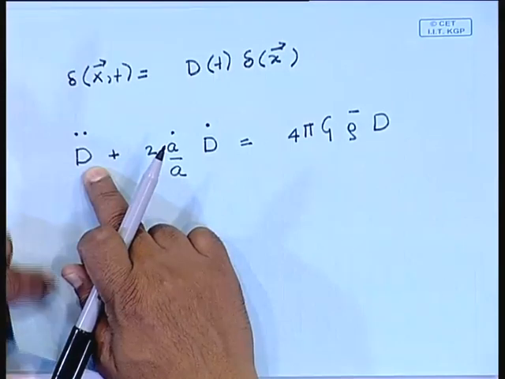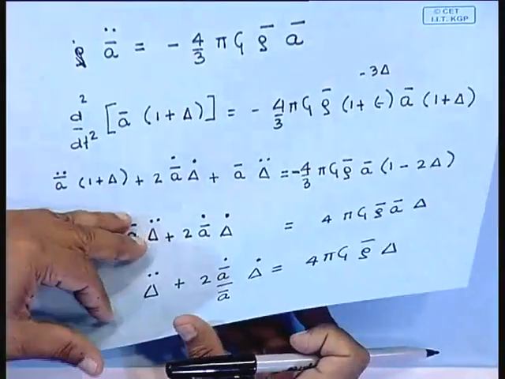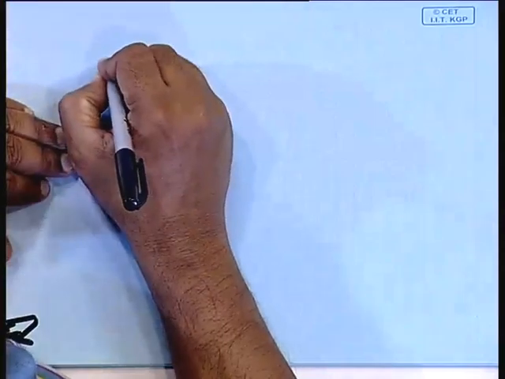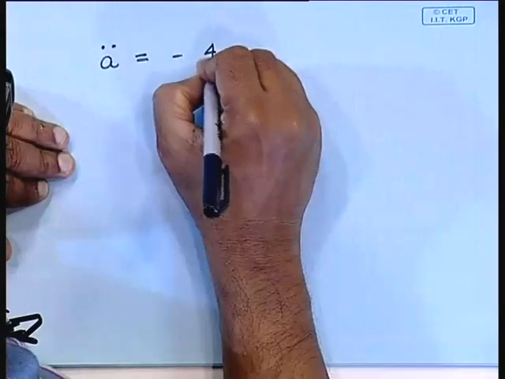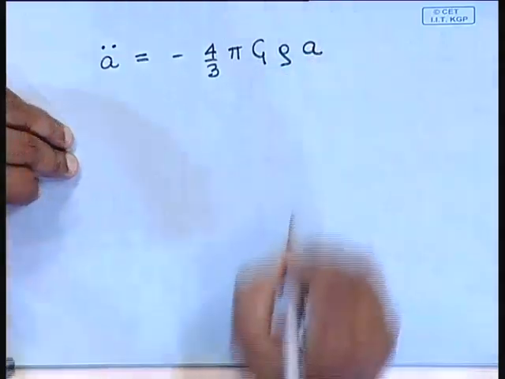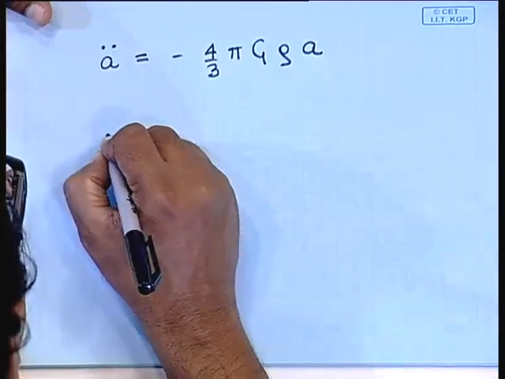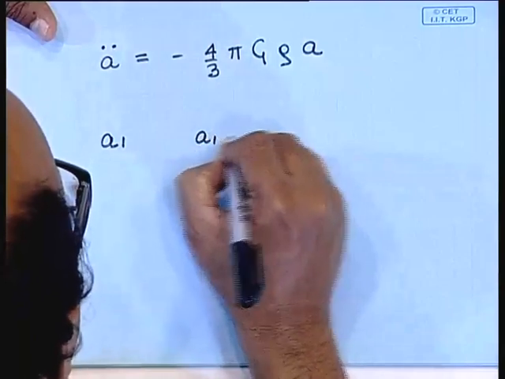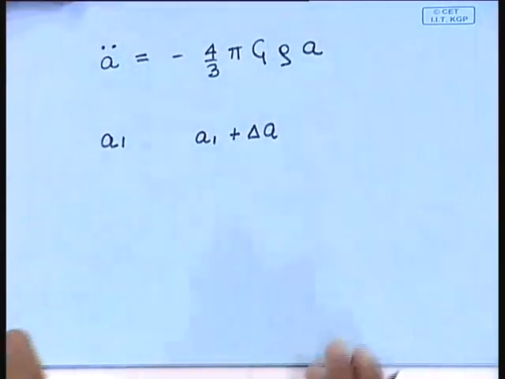Okay, so let me explain this to you once more. What I have shown here is essentially this. This is my equation, A double dot is equal to minus 4/3 pi G rho A. That is my equation governing the background cosmological model. I have one solution A1, and I have another solution A1 plus delta A. I have two slightly different solutions.